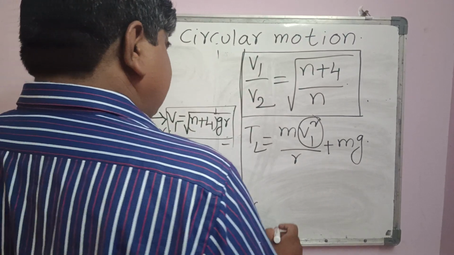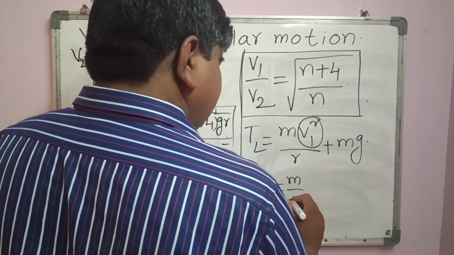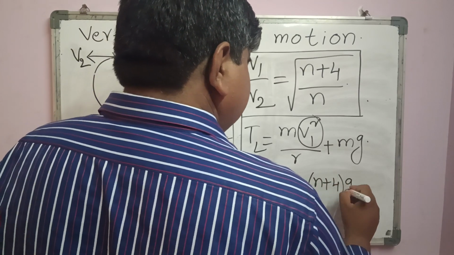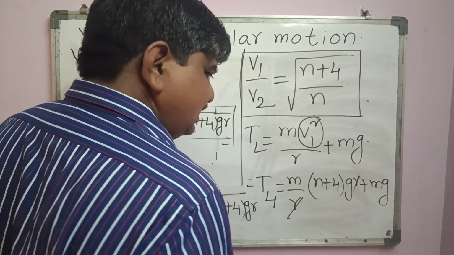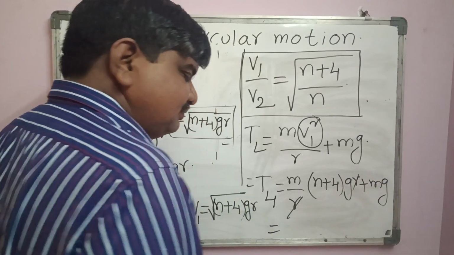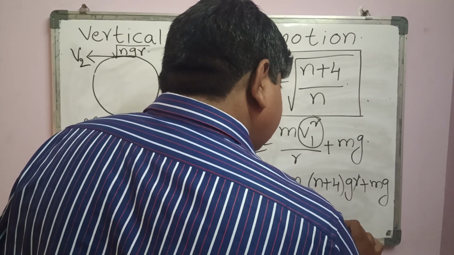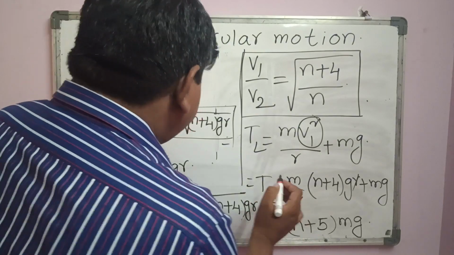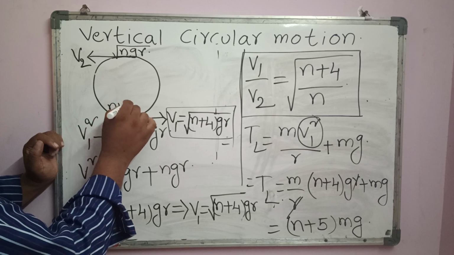Where r and r get cancelled, tension at lowest position equals m by r into n plus 4 into gr plus mg. Taking mg as common, n plus 4 plus 1, therefore it is n plus 5 into mg. So tension at lowest position will be n plus 5 into mg.